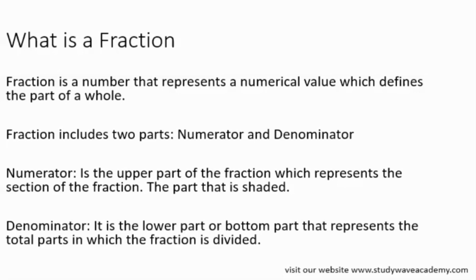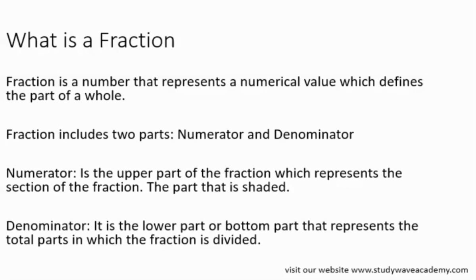The number that is there represents the shaded part of an object. So the numerator is the upper part of a fraction that represents the section of an object that is shaded. So what do we mean by the denominator?